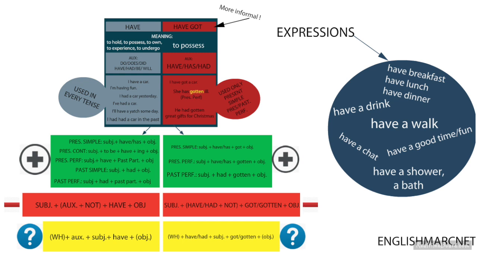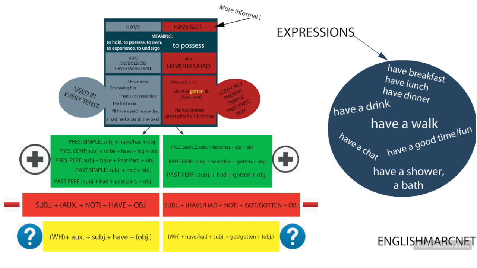With the present perfect, the subject you need to write first, then have or has in the third person, plus gotten plus object. And for the past perfect, the subject that you need to write first, obviously, then had plus gotten plus object.